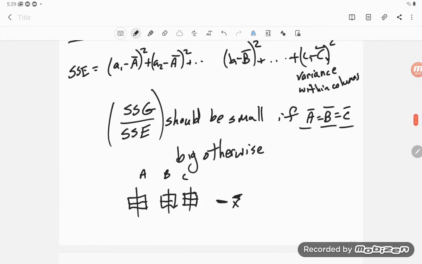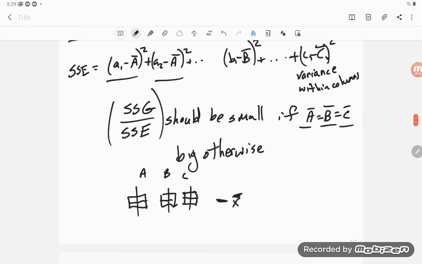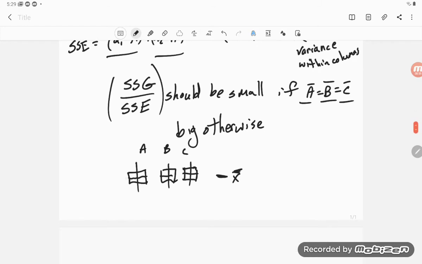And then this stuff, the sum of squared errors, I am looking at the differences between the X bar that we have here and values up here, values down there, and so forth.